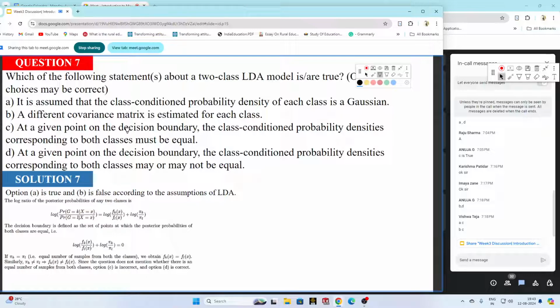Option C: at a given point on the decision boundary, the class conditional densities corresponding to both classes must be equal. Option D: at a given point on the decision boundary, the class conditional densities corresponding to both classes may or may not be equal. So, kindly guess this. I want everyone to guess this.